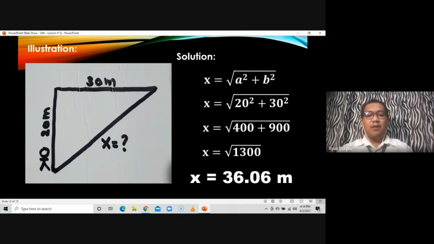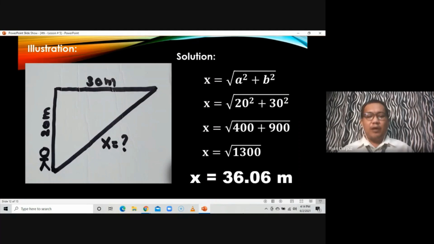Ang layo niya. From the starting point, siya ay 36.06 meters na ang layo niya doon sa umpisa niya. So, we solved problem number 4 with the help of the Pythagorean theorem. Did you get example number 4?